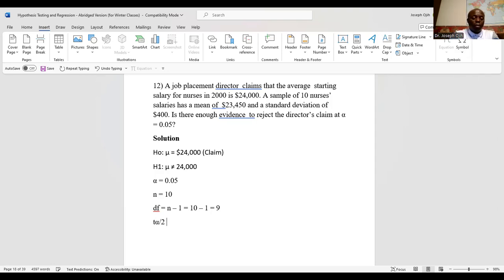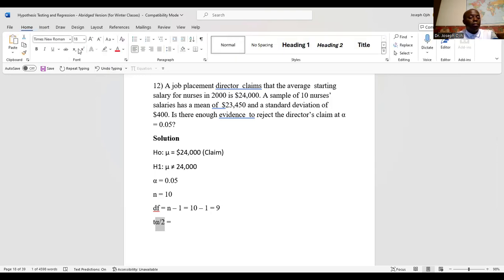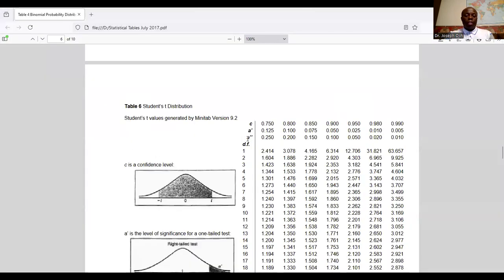We have 9 degrees of freedom and alpha 0.05. This one is relatively easy to get. So you go to the table of student t distribution, see the alpha for two tails. You can see that you have the double prime, so that alpha 0.05 is right here.